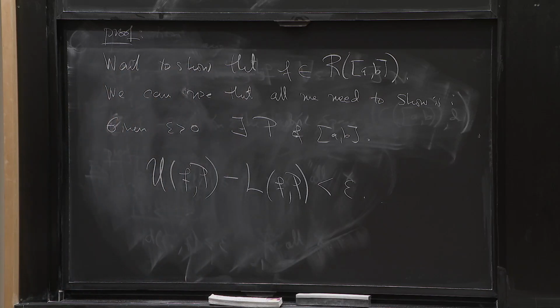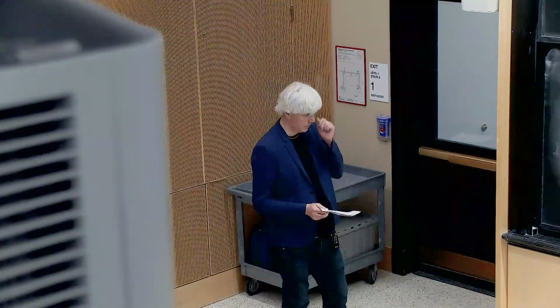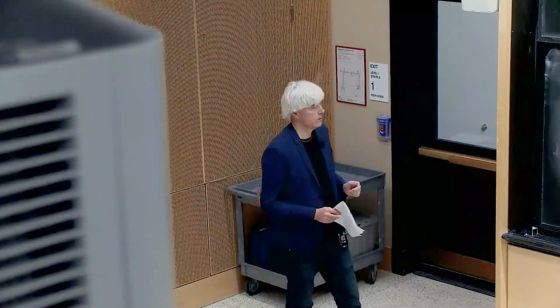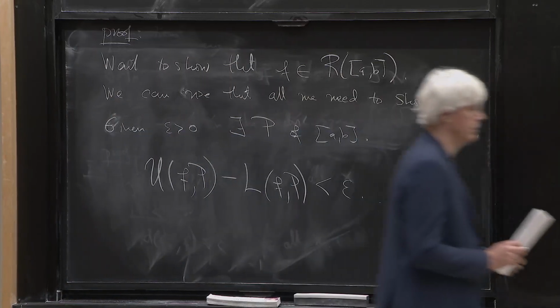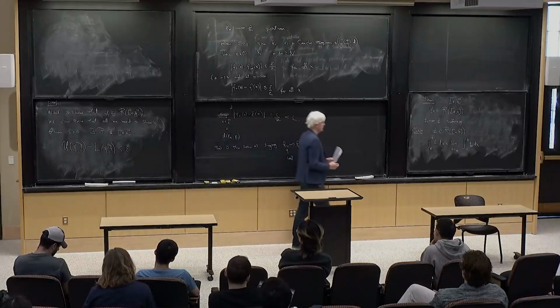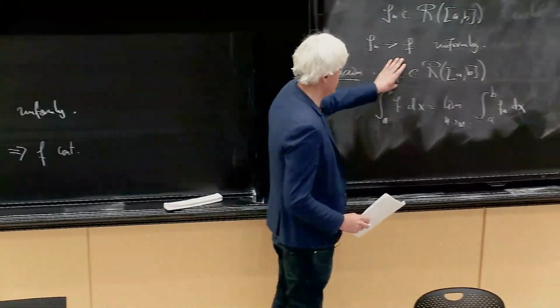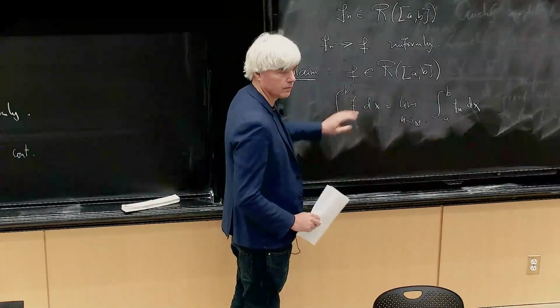Right? That's all we need to prove. We need to prove it for each epsilon. We need to prove that there exists a partition. So if we have that, then we already know that f is integrable. Okay, and so that achieves this first task, and then afterwards we need to prove that.